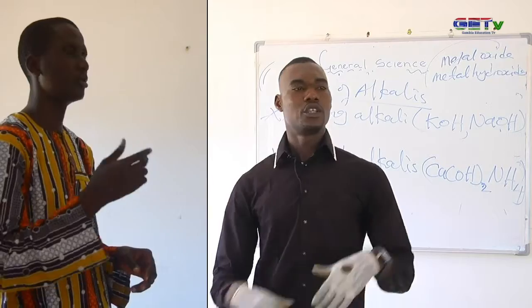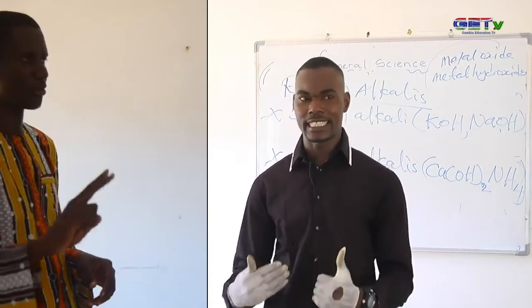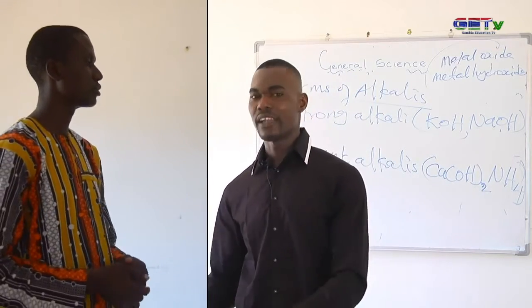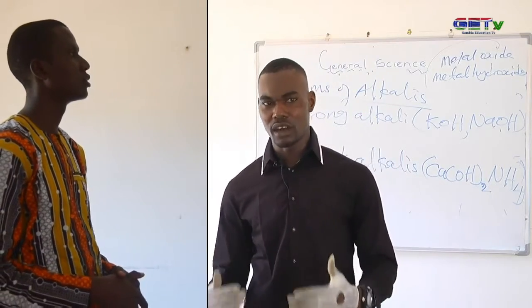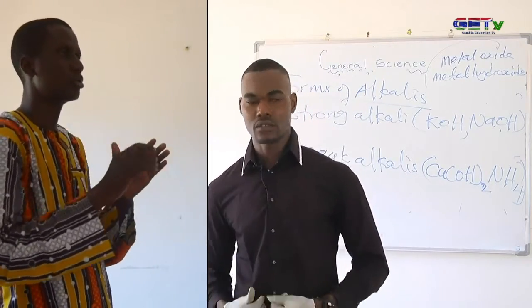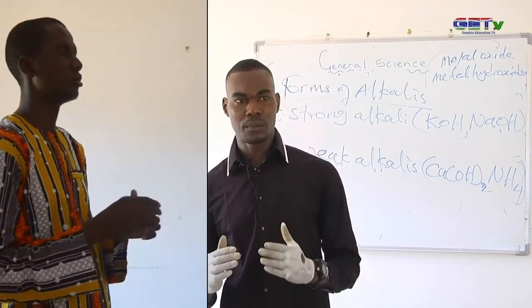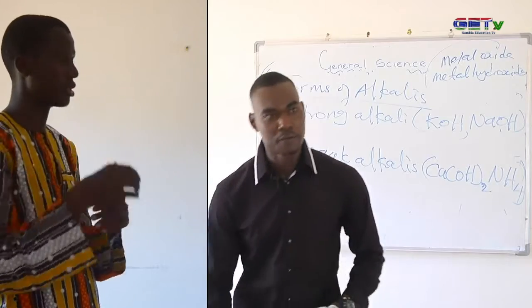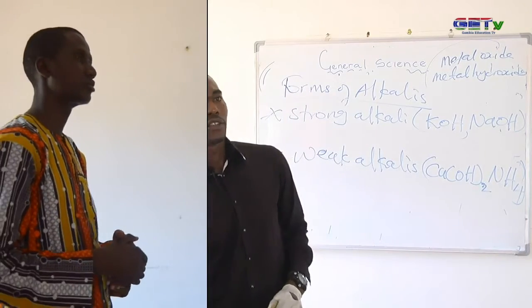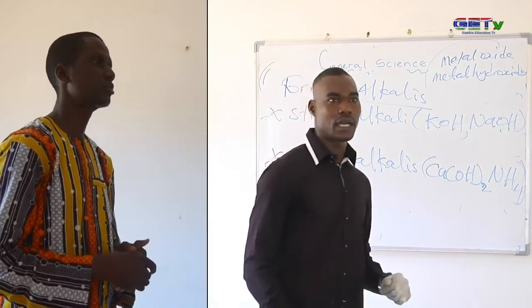Please. Strong alkalis have high concentration of hydroxide ions, but weak alkalis have low concentration of hydroxide ions. I hope those points are also very much pretty clear to you now. All right, so note here, very important, note.